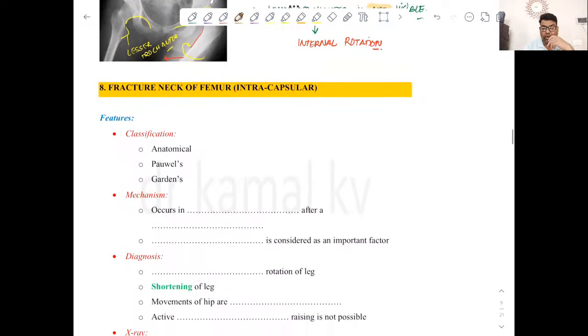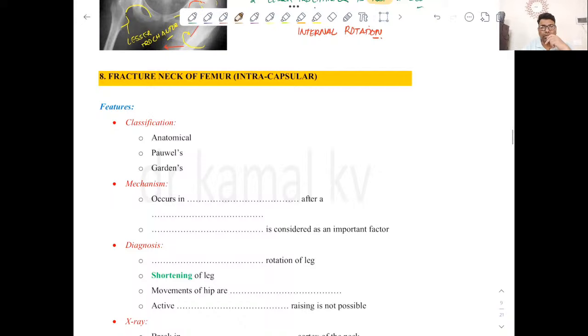Another important injury in relation to the proximal femur is the fracture of the neck of femur. And if you see here, I have specifically written a word: this is intracapsular, right? Fracture neck of femur, intracapsular. Why am I stressing this word? It means the fracture line is inside the capsule of the hip joint.